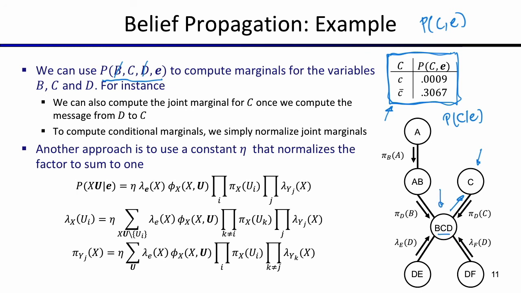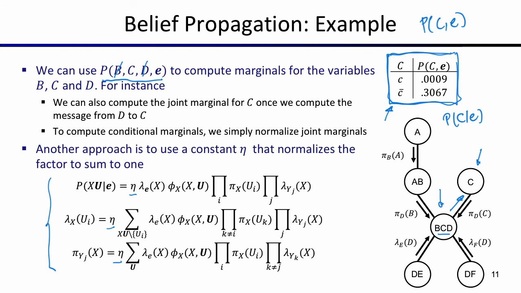So just to be complete, we can use these equations here. The difference between these equations and the previous ones is that we are introducing this eta here as a constant. So we are basically saying that we can renormalize these messages and also these marginals here so that they sum to 1.